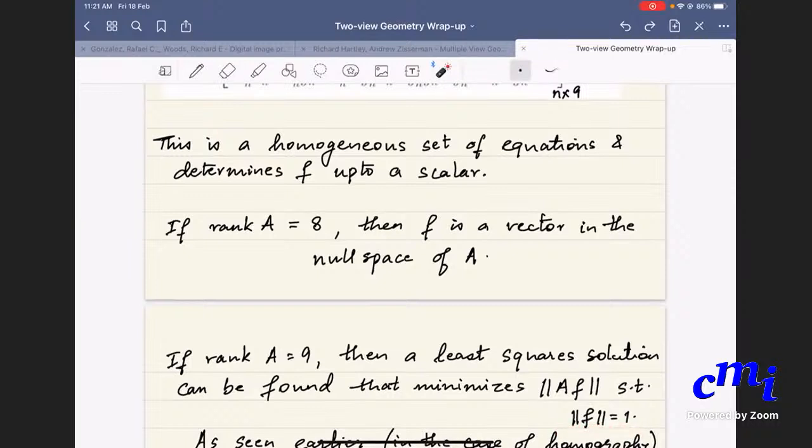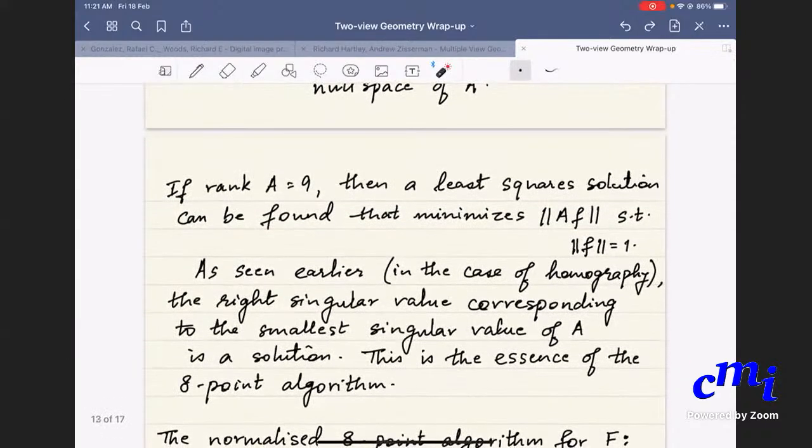We have seen that the least square problem can be simplified, and we have also seen what the solution is. It is the smallest right singular vector of A. So this we have already described before.